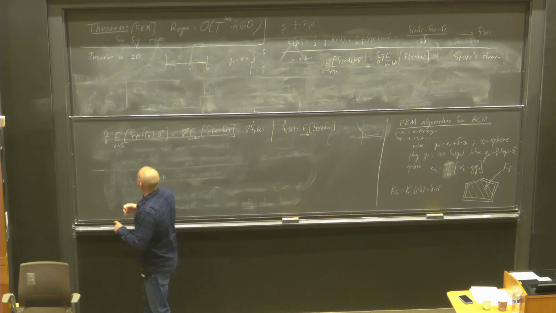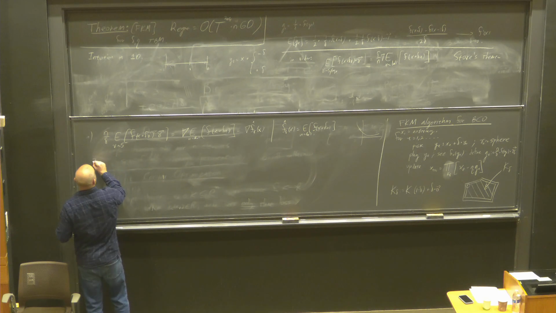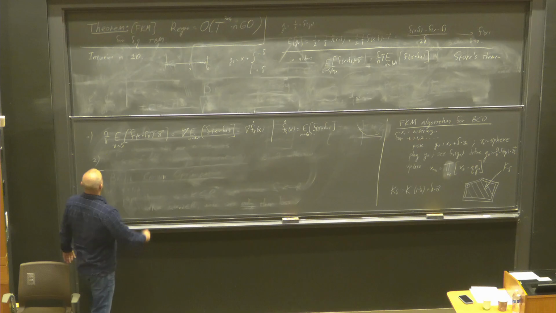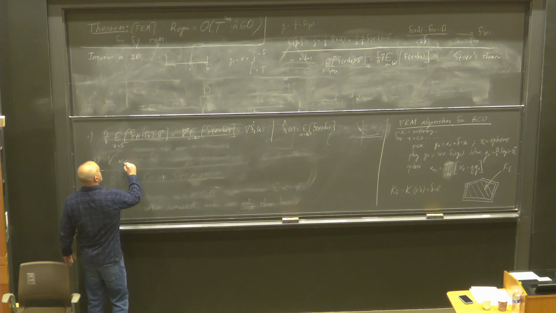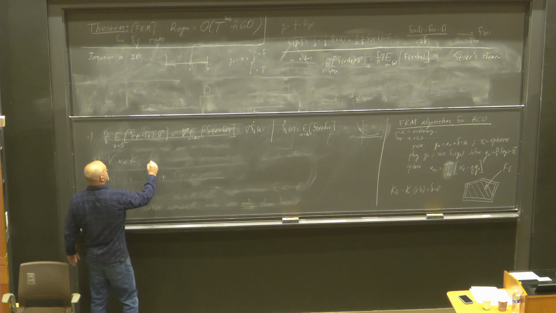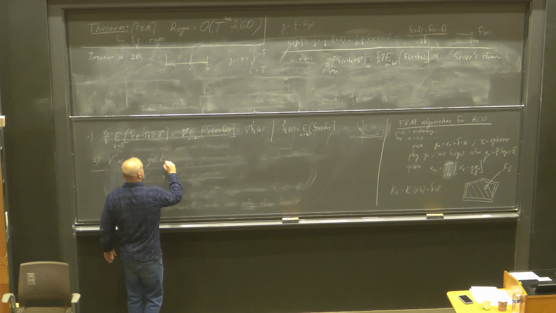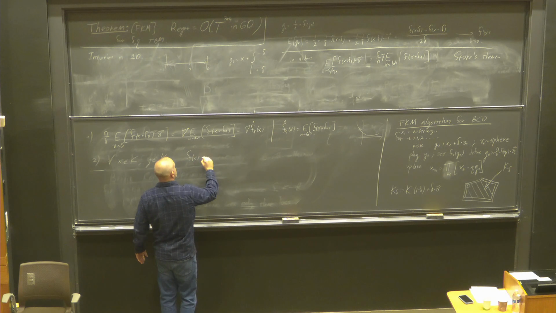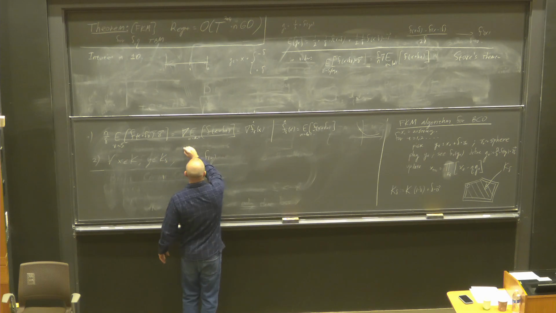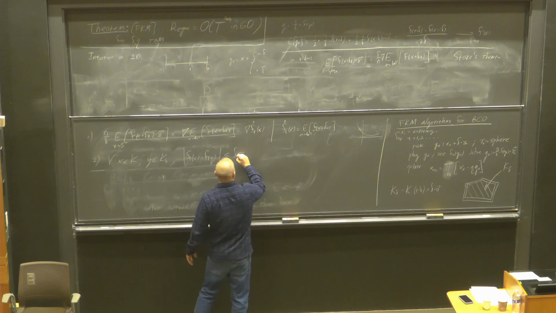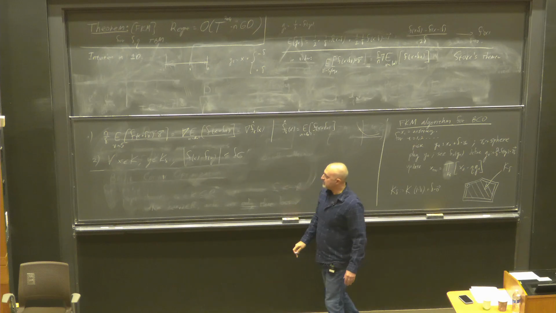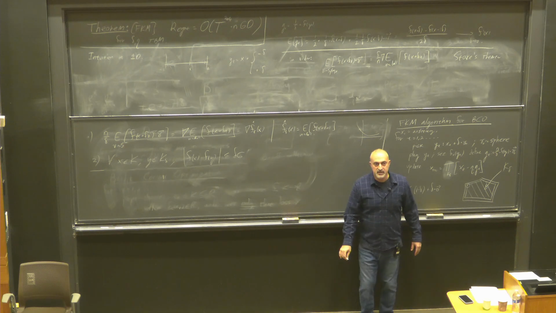Then I will need, this is 1, 2. Let's see. So I need the following fact. For every x in k, there is a y in k delta such that f of x minus f of y is less than delta g, just delta g. And why is that?